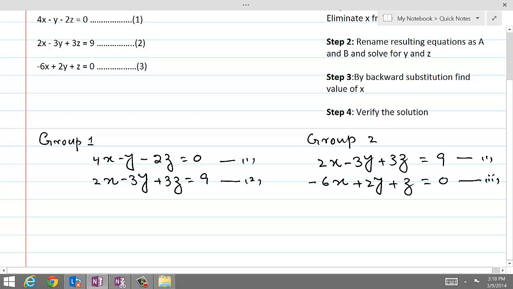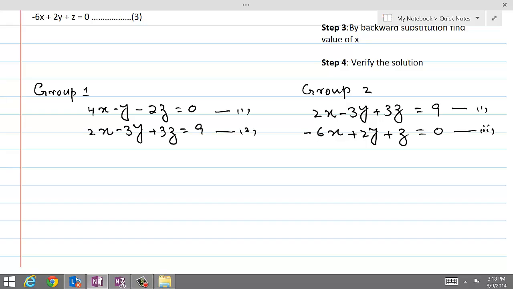Now what we will do in group 1 and group 2 simultaneously is eliminate x from equation 1 and 2 in group 1, and also eliminate x from equation 1 and 2 of group 2.